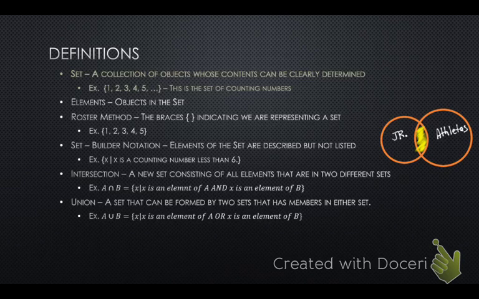Like if I still go with junior and athlete, how many of you are juniors and athletes in here? Okay, so 1, 2, 3, 4, 5, 6, 7. So 7 of you out of 20 people. Now, I know not everybody was a junior, but if we just say everybody was a junior in here, then 7 out of the 20 are junior athletes.